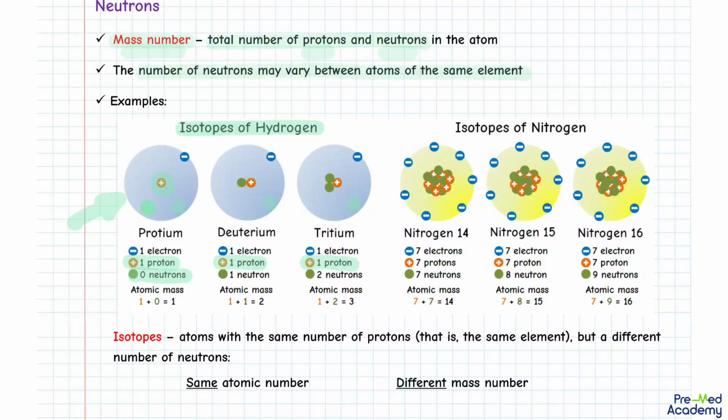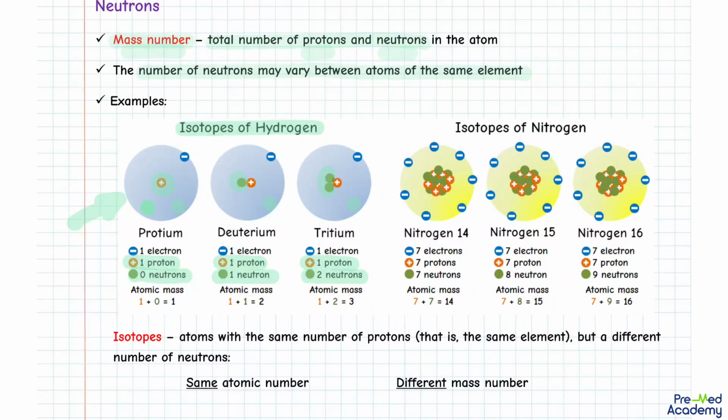There doesn't have to be neutrons in the nucleus. The middle atom has 1 neutron in its nucleus, in addition to the proton, here it is, and the right atom has 2 neutrons in its nucleus, in addition to the single proton, here they are. So we have 3 atoms of hydrogen, but they differ from each other in the number of neutrons they have in their nuclei.